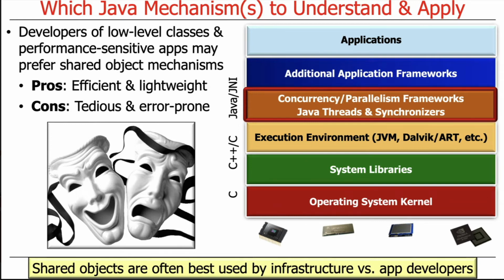So I would typically recommend using this level, the shared objects, synchronizers, and so on, if you're building infrastructure stuff. You're building the Java platform, or you're building the Android platform, as opposed to using the Android platform or using the Java platform to build higher-level applications. This is not uncommon. People often use lower-level primitives to build infrastructures.